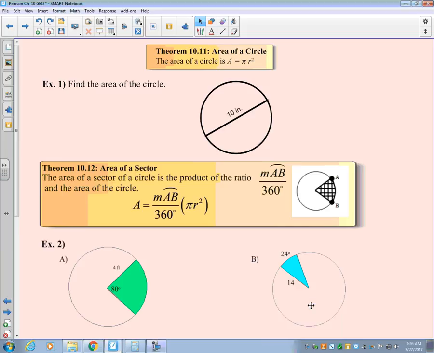Okay, so for 10-7, we're doing area. The way I remember and differentiate area and circumference is that area has a square in the formula, because think about the units. If I'm in inches, what are the units for area? Inches squared.